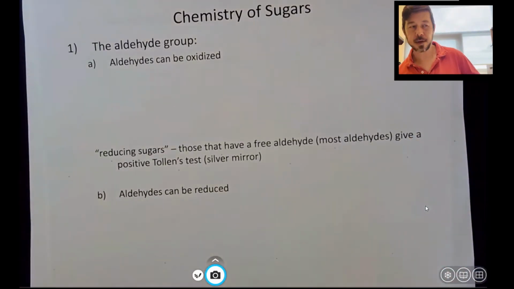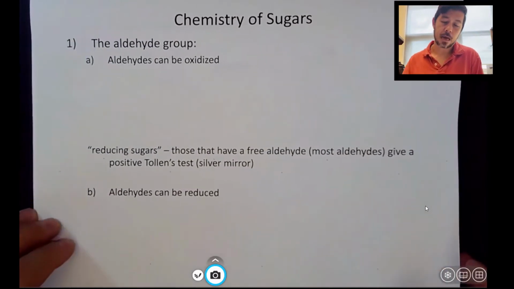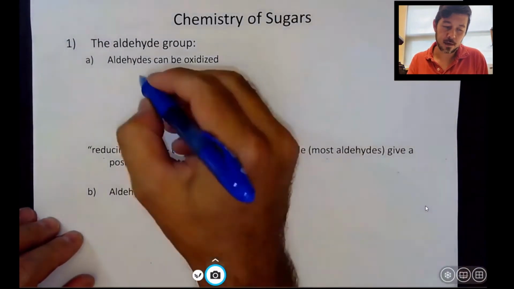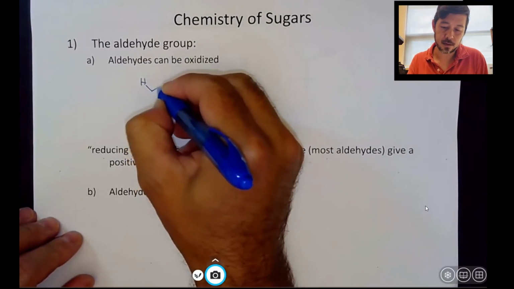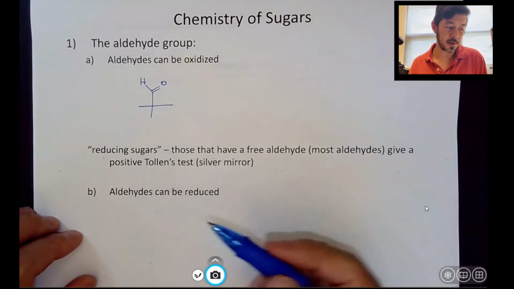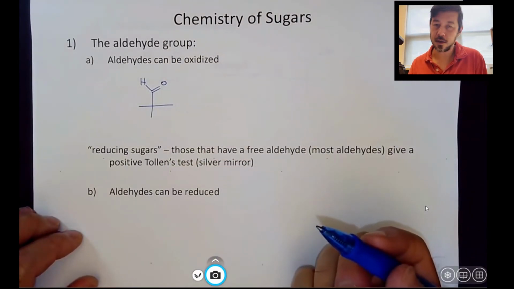Okay, let's talk a little bit about the chemistry of sugars. Aldehyde groups can be readily oxidized, and if we take our aldehyde group we can do something called a Tollens test.